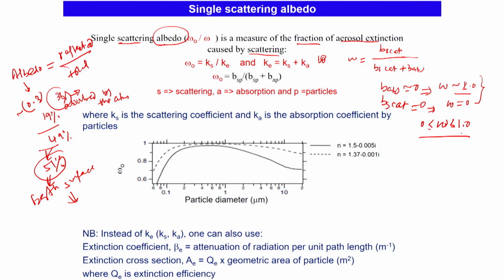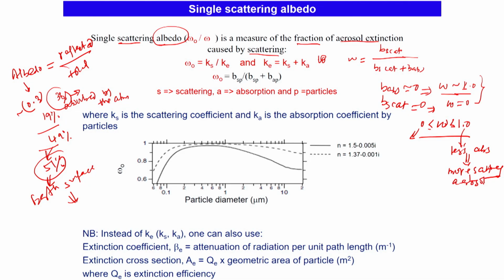Remember this: when the values are higher, you have less absorption and more scattering, so it is dominated by more scattering aerosols.